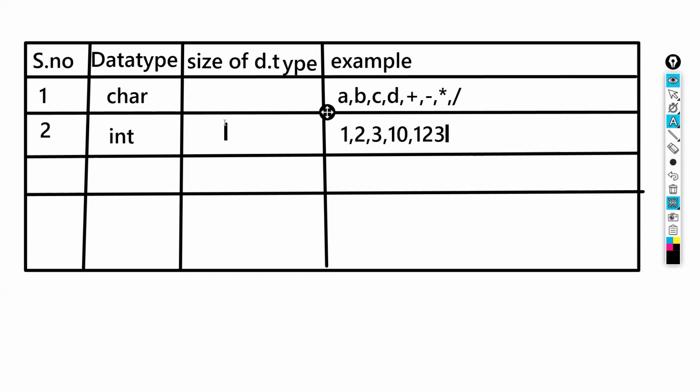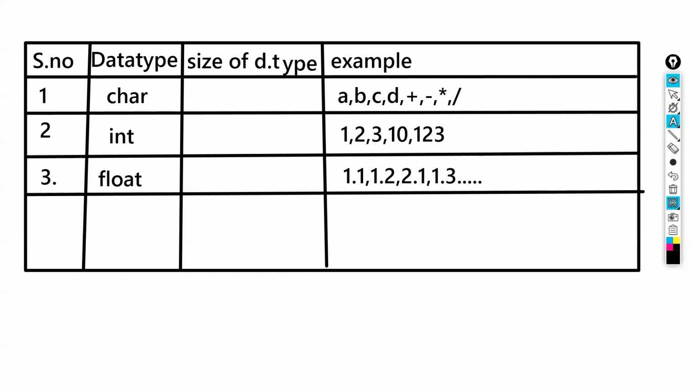So numbers without decimal values, right? Next, float data type. Float data type means numbers with decimals. So 1.1, 1.2, 2.1, and so on.